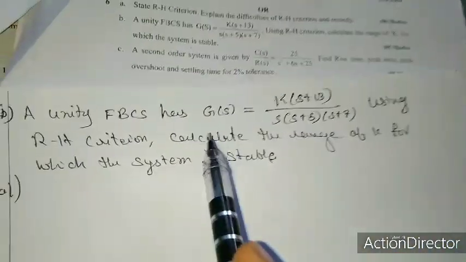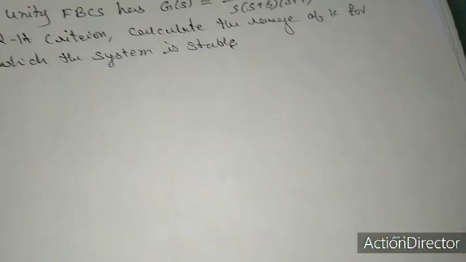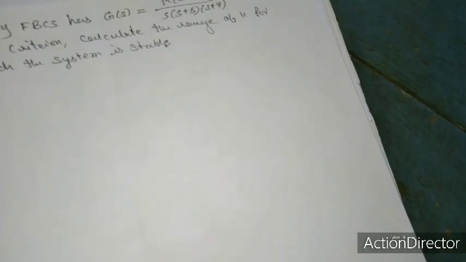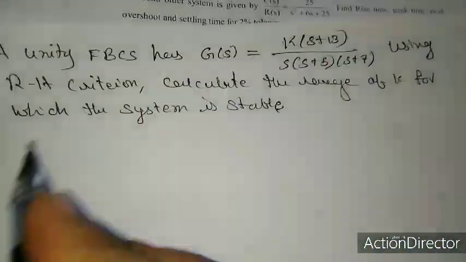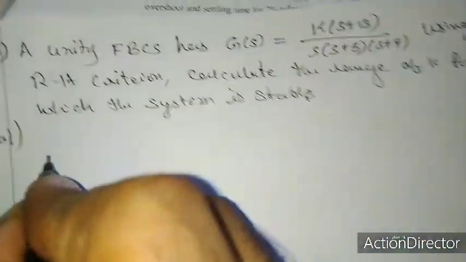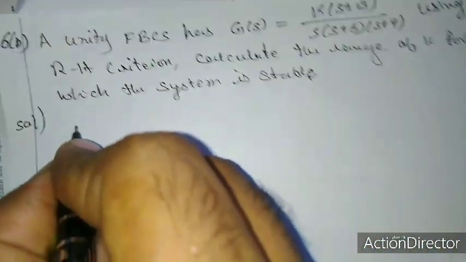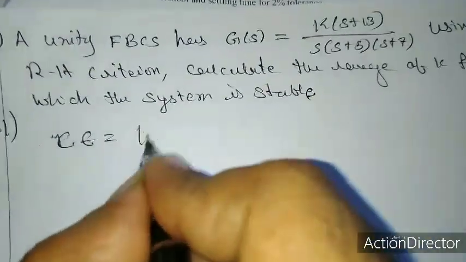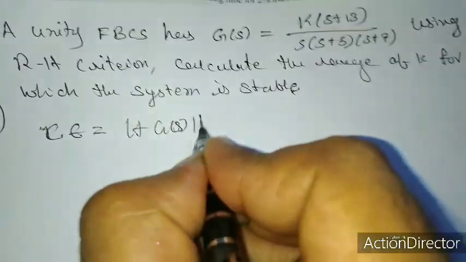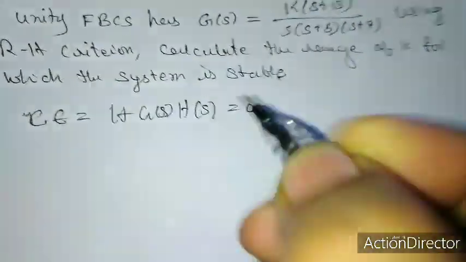So we'll find out the range of k value for the system to be stable. Given the open loop transfer function G of s, we can directly get the characteristic equation, which is given by 1 plus G of s H of s equals 0.